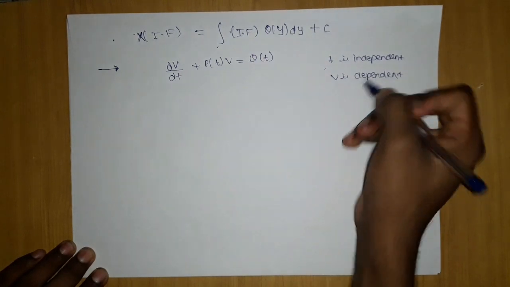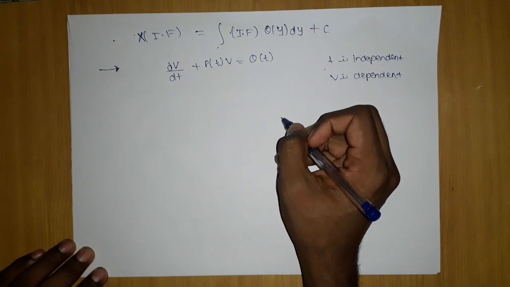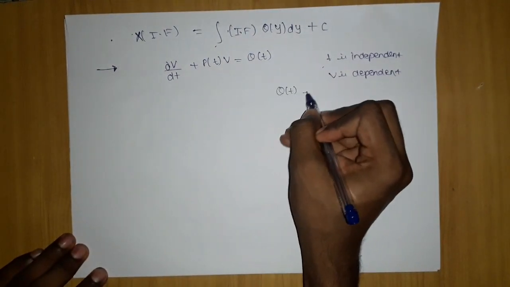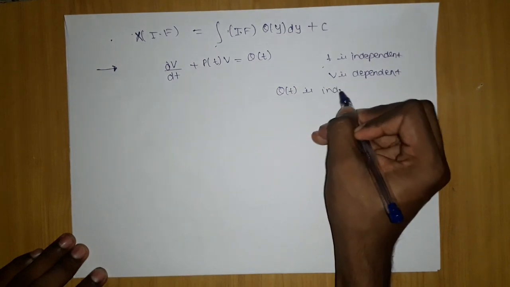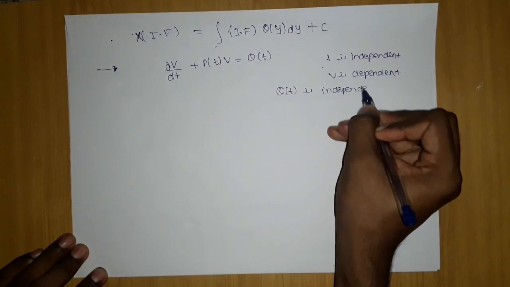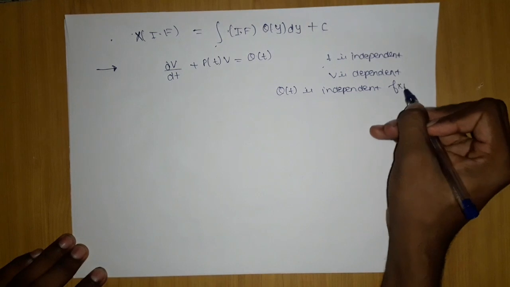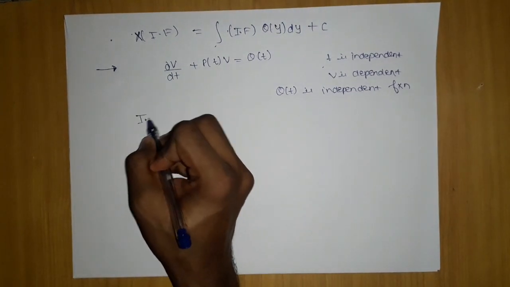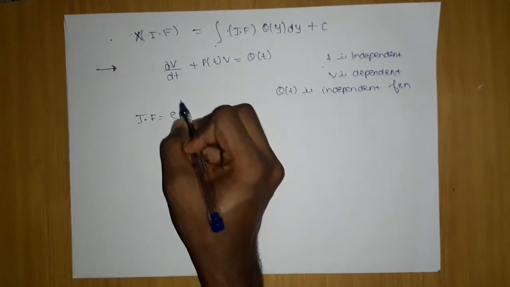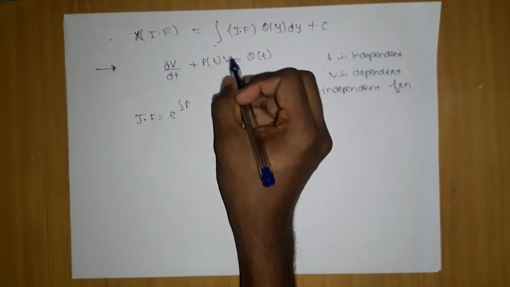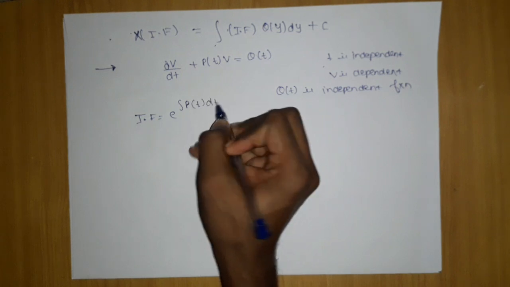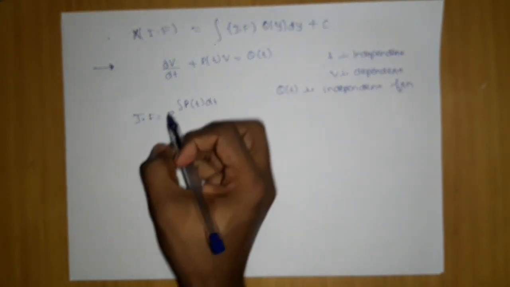So q of t is an independent function. Its integrating factor will be e to the power integral p of t dt.